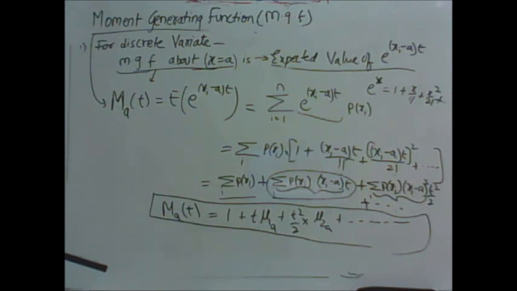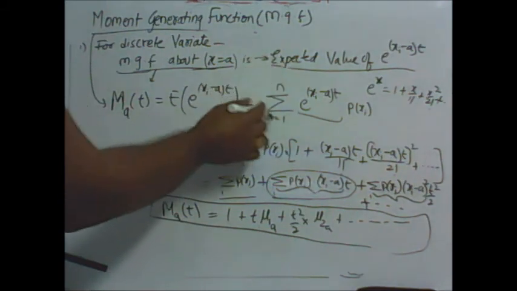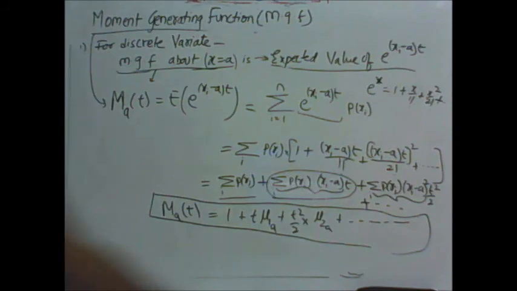Now this is all for a discrete variable. If it was a continuous variable, then for the same moment generating function, instead of this sigma we will write an integral, and lastly we will add dx.